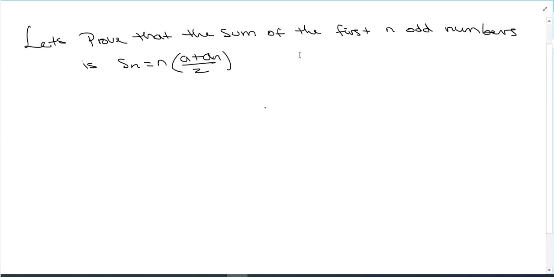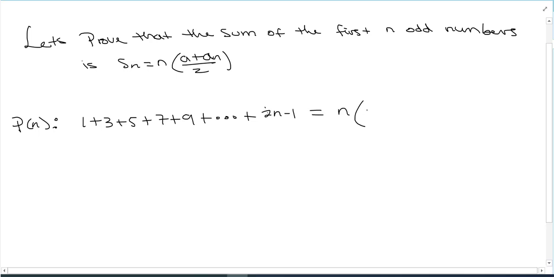We want to prove that the sum of the first n odd numbers is this formula, n times a plus a sub n over 2. So our P sub n, our statement, is that when you add up the odd numbers all the way to the nth odd number, 2n minus 1, what you get is n times a plus a sub n over 2.